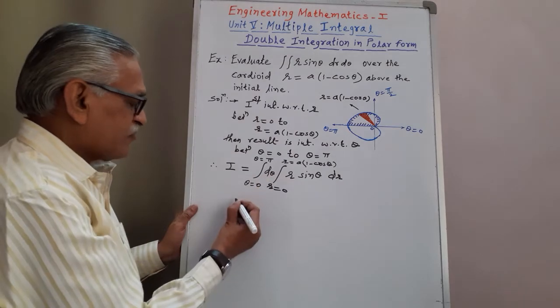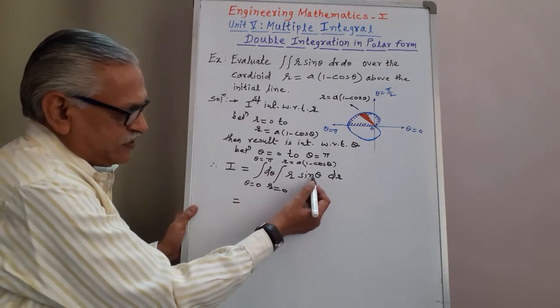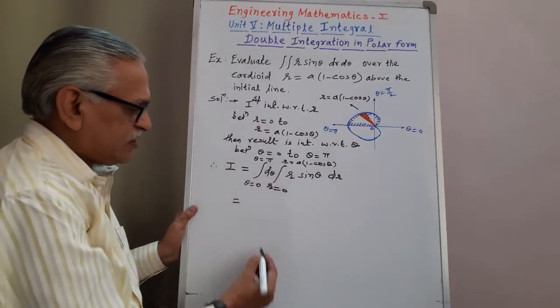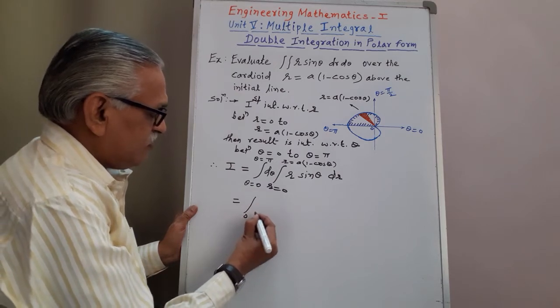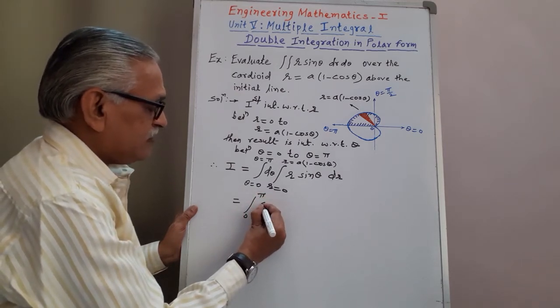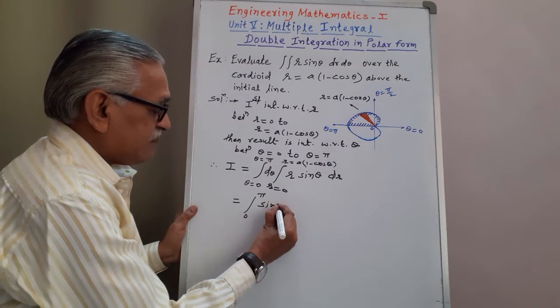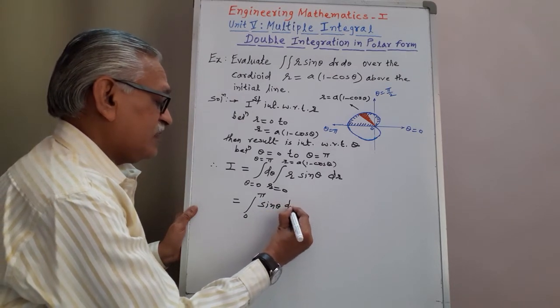Okay, and as we integrate with respect to r first, sin theta is a constant term, so we take it outside. Therefore, limit from 0 to pi, sin theta outside, d theta.